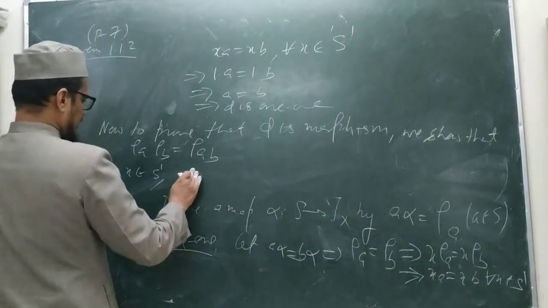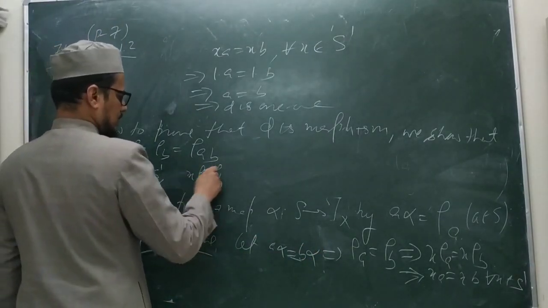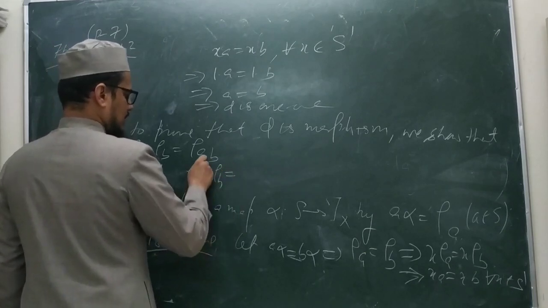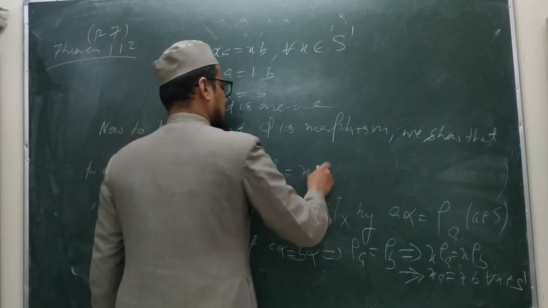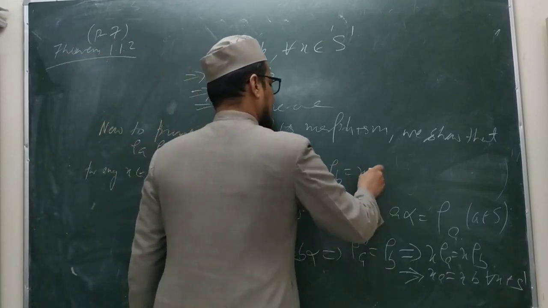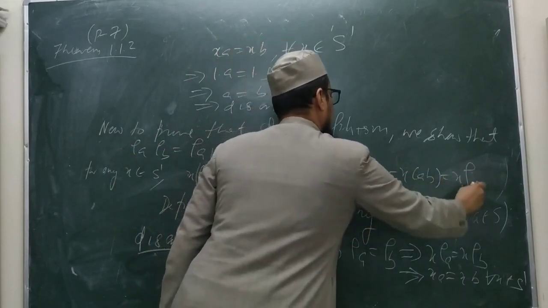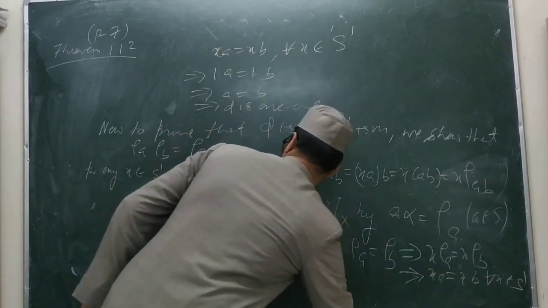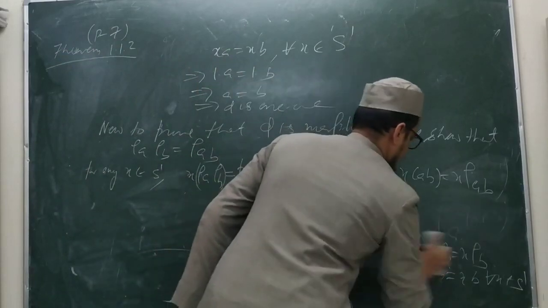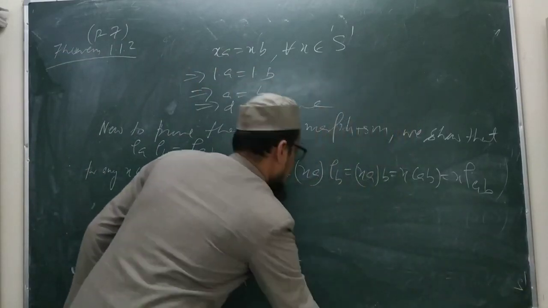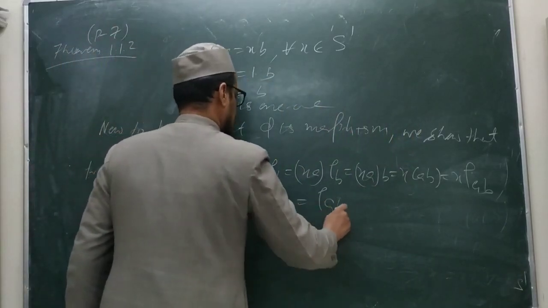That is, for any x belonging to S¹, xρ_A ρ_B is xA ρ_B, which is xAB, which is xρ_AB. So it implies ρ_A ρ_B is equal to ρ_AB.